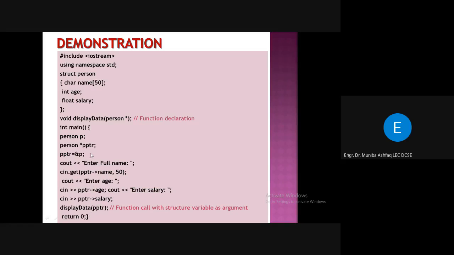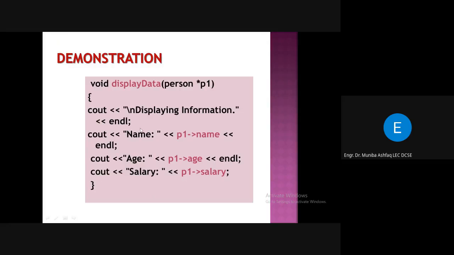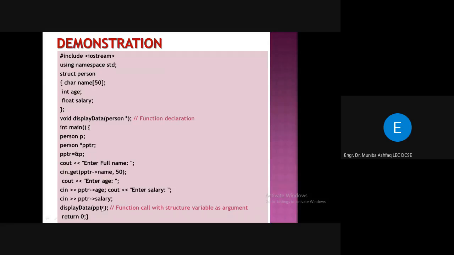Now I want to pass the pointer to structure as an argument to this function. displayData is a function, and here I have passed pptr as an argument to this function. So as I have passed pptr, right?